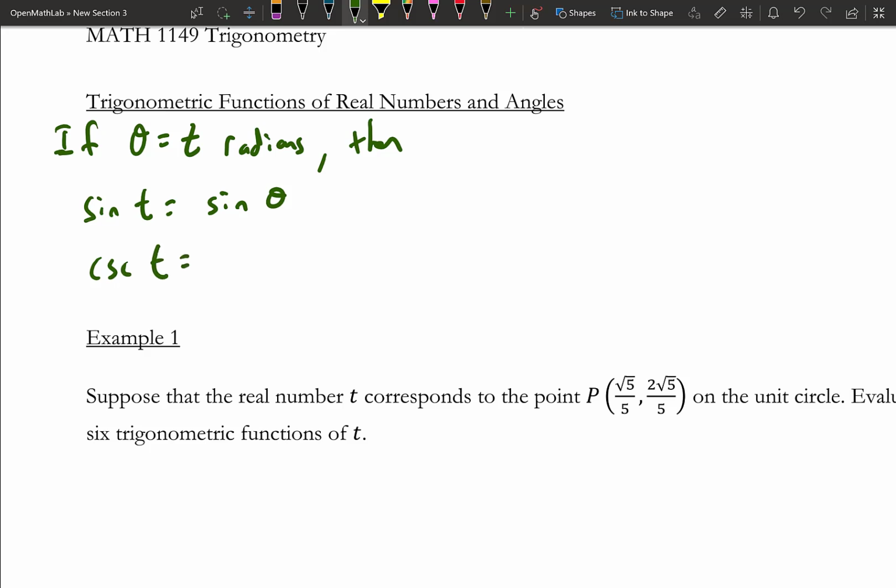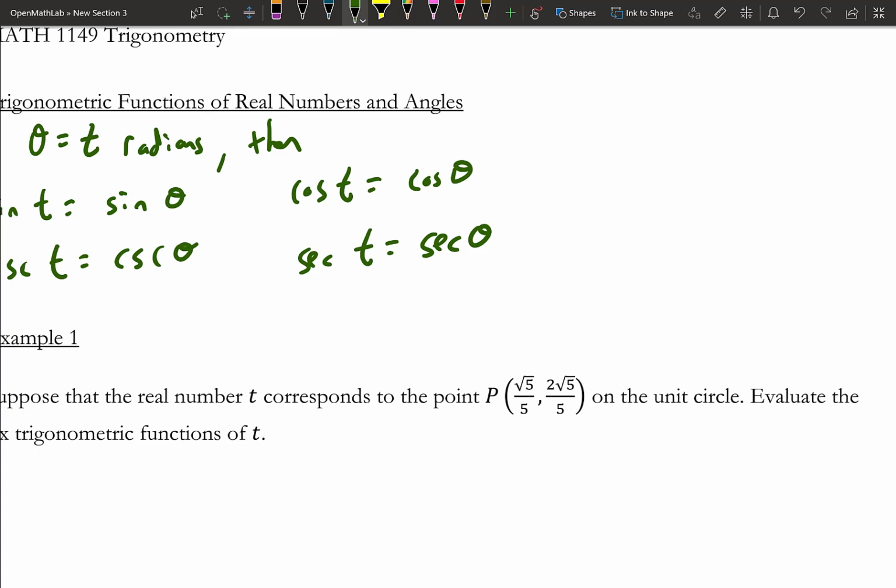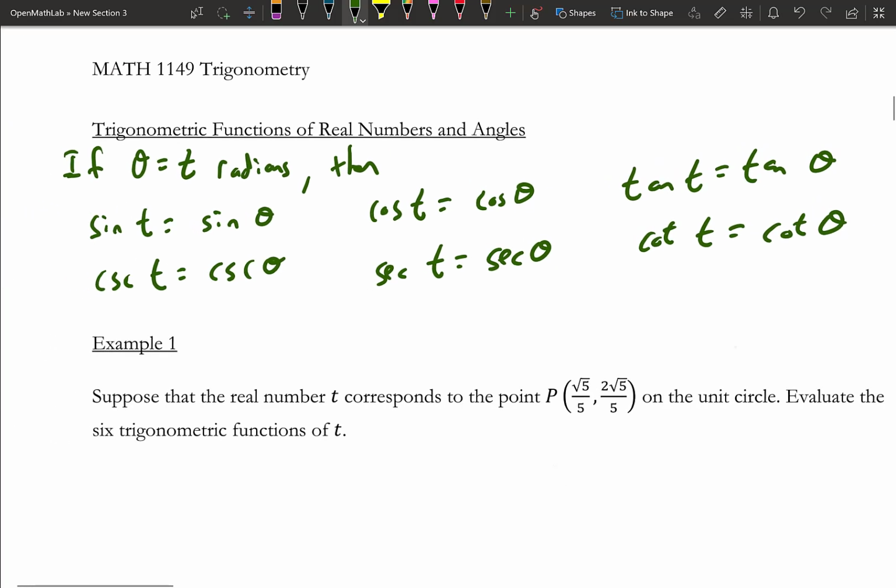Cosecant of t equals cosecant of theta. Cosine of t is the same thing as cosine theta. Secant t equals secant theta. Tangent of t equals tangent of theta. And cotangent of t equals cotangent theta. Right, so just reiterating that.